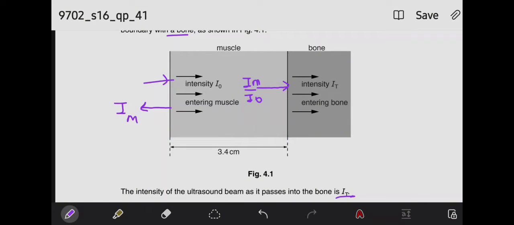Now we need to find out the intensity reflection coefficient, because some fraction of this I_M over I naught has been transmitted into the bone and some has been reflected at the boundary. So if we find out the alpha, which is the intensity reflection coefficient, we can find out what has been reflected, and using that we can find out what has been transmitted, and that would be equal to this, right?